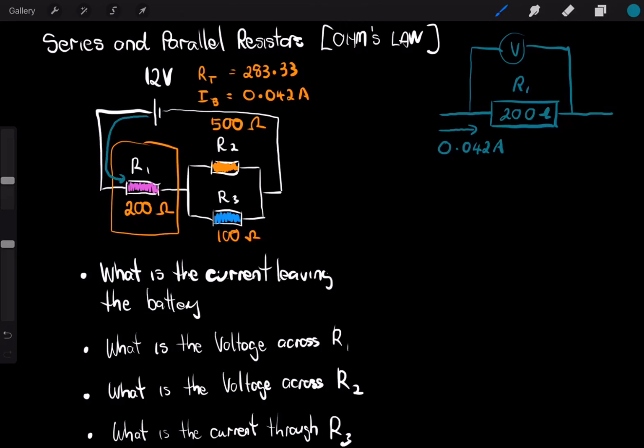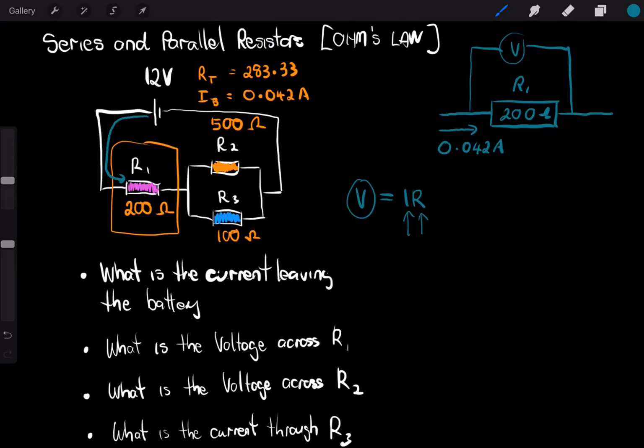Because we're looking at a specific component of the circuit, we're going to use the local version of Ohm's law. So V equals IR, but remember with the local version, V is the voltage across the component, I is the current through the component, and R is the resistance of the component.